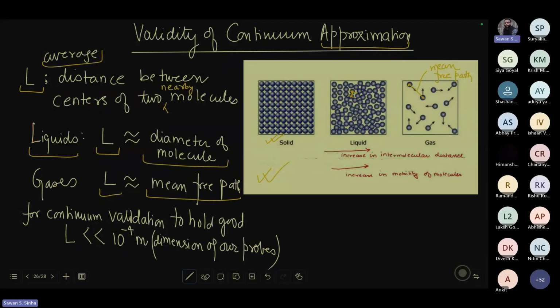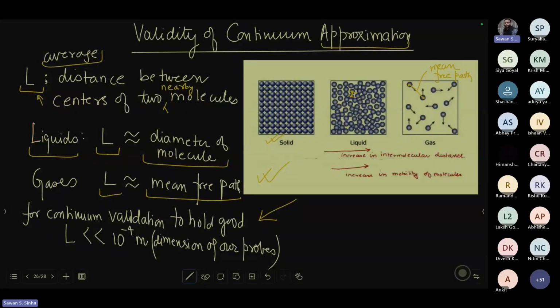Okay, I'm using the same length scale to represent two different things in liquids and gases. It is the distance between the centers of two nearby molecules, but in liquids it is the diameter of the molecule, and in gases it is the mean free path. And here is the limitation, or the condition under which continuum approximation will break down.